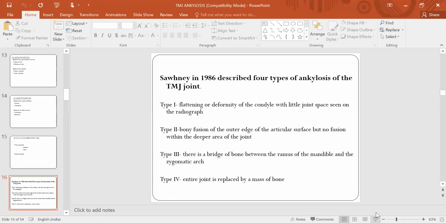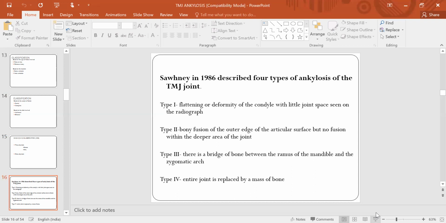So this is our classification based on OPG. You need to take an OPG and study it to find out which type of classification it comes under. It was put forward by Sawhney in the year 1986. In type 1, there is flattening or deformity of the condyle with little joint space seen on the radiograph.